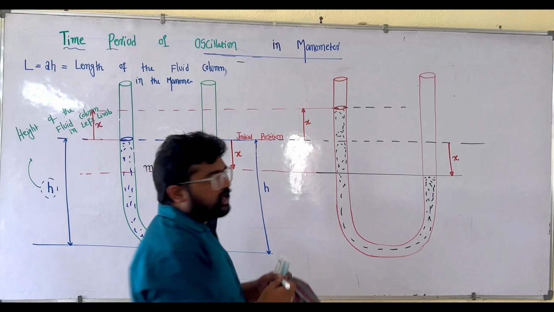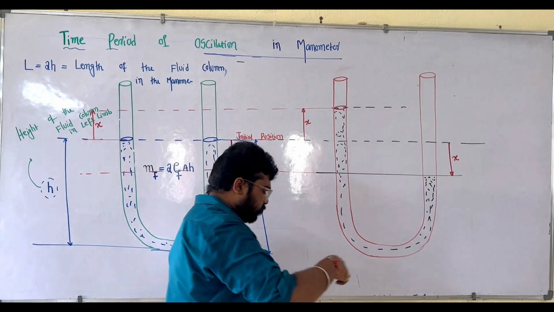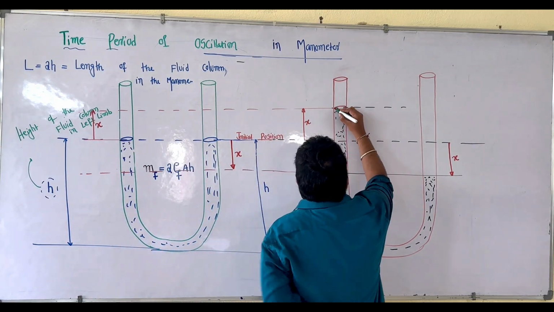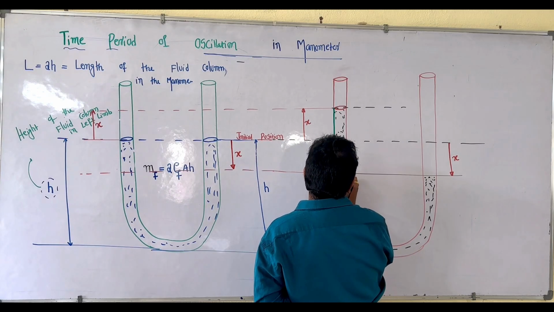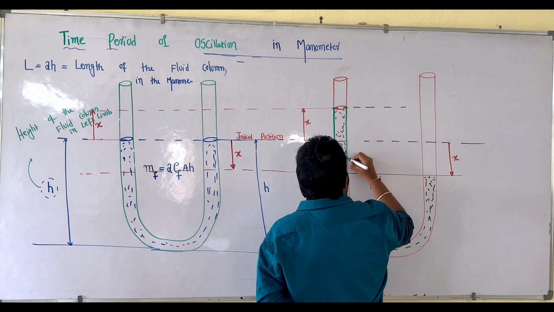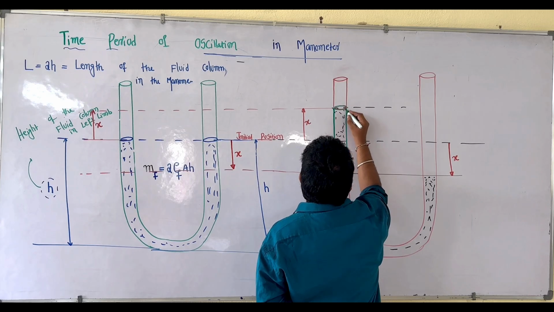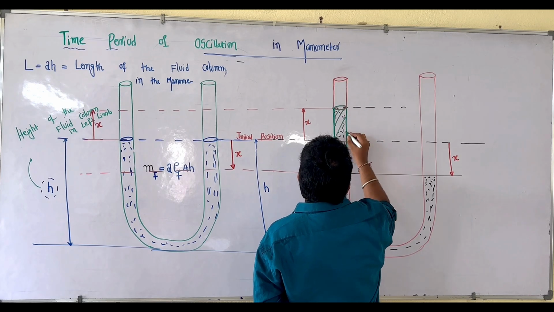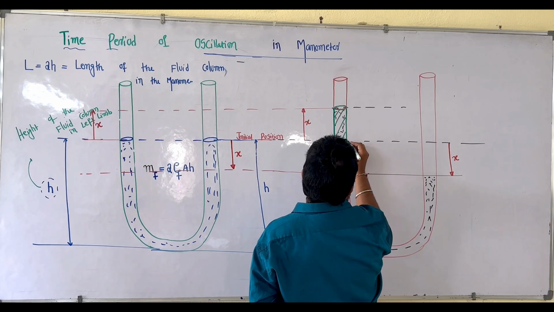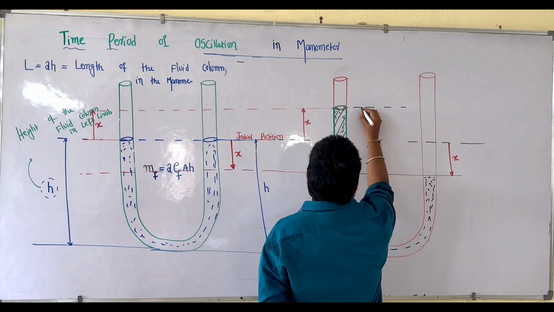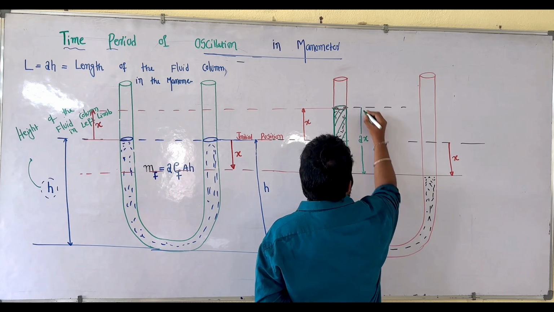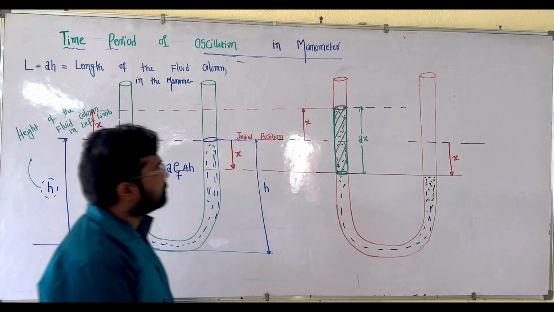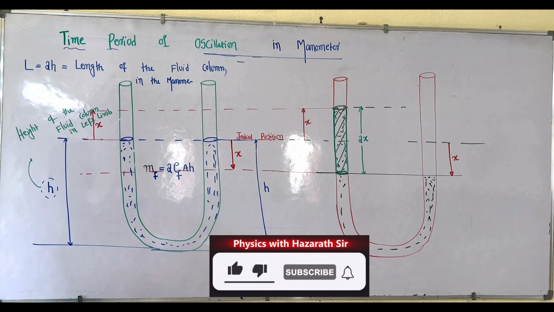So this is x. We need to draw a free body diagram for this fluid. From here to here, how much? x down and x up, total 2x.